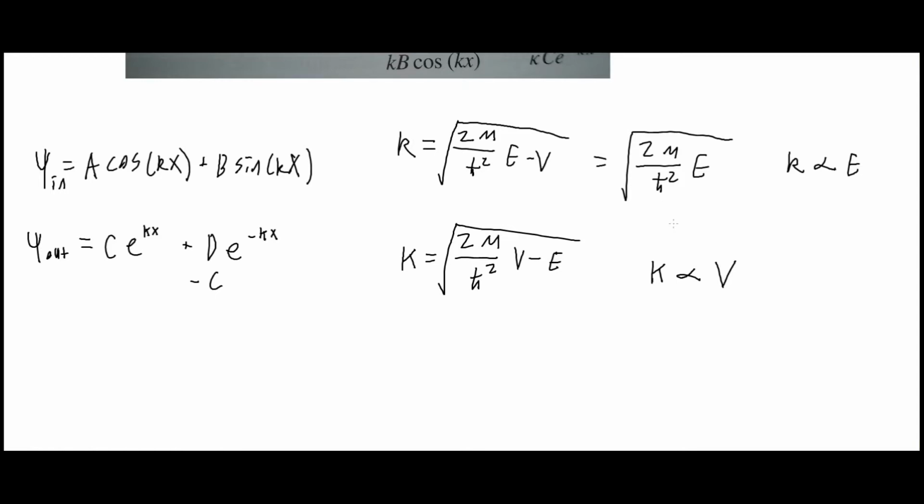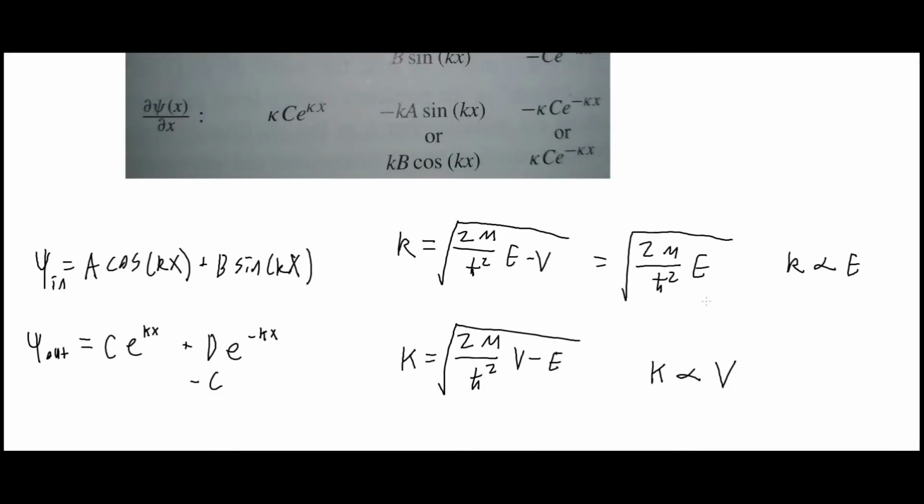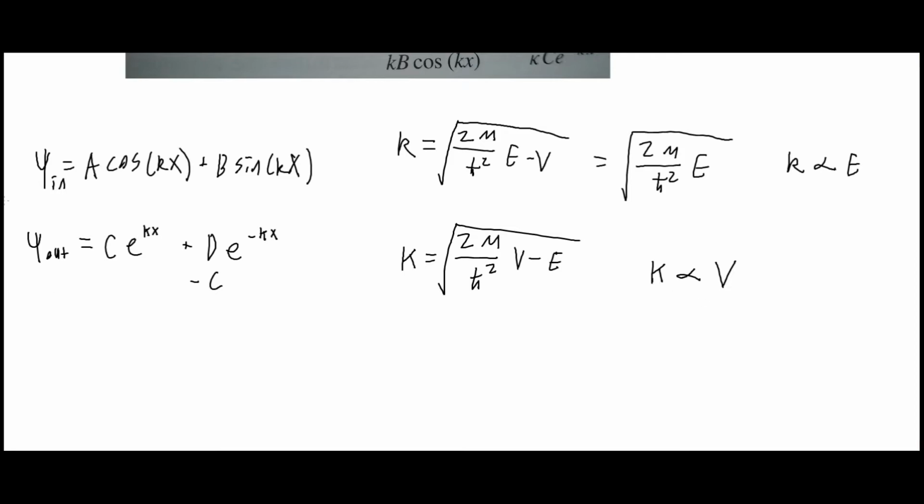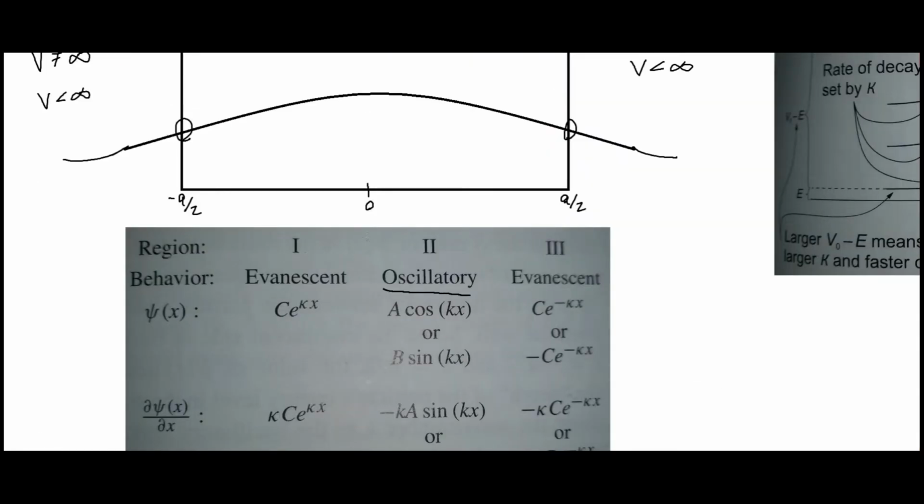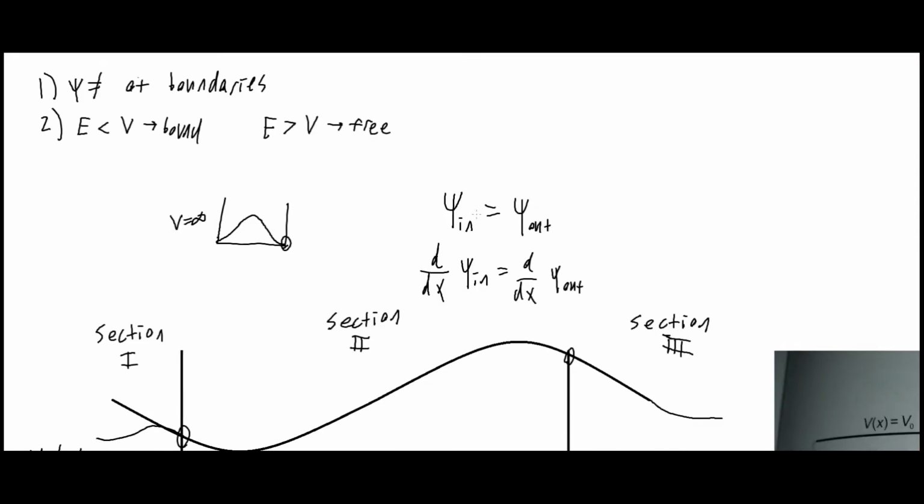But anyway, if we have a larger V, then we have a faster decay, which we can see here. If our kappa is larger, then we're going to have this faster decay. So as we know, when we go to the limit where V is infinity, then the decay is, you could say, instantaneous.